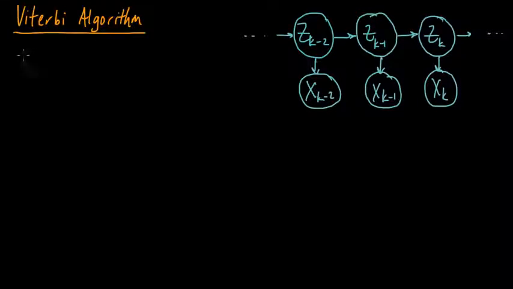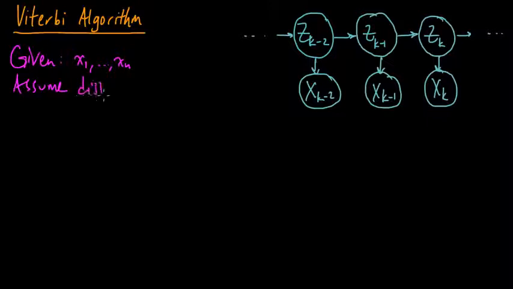So the setup, as I've said, is that we're given the x's, x1 through xn, and just like before, we assume the emission distributions of x given z's are known, we know the transition matrix, and we know the initial distribution on z1.